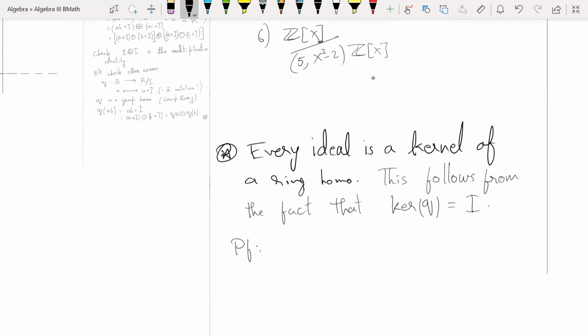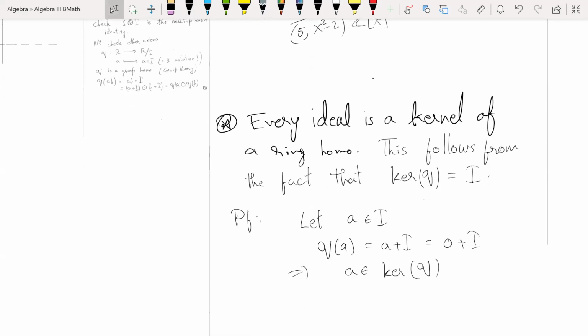So of course, let A belong to I, then we will show both inclusions. If A belongs to I, then Q of A by definition is A plus I, which is the same as 0 plus I, because A belongs to I. So A belongs to the kernel of Q. So I is contained in the kernel, and the converse is also true; you can reverse the whole process.